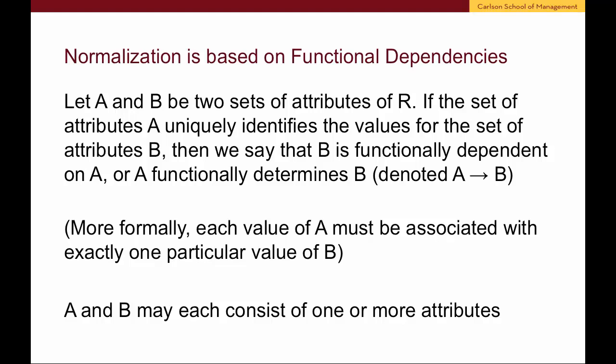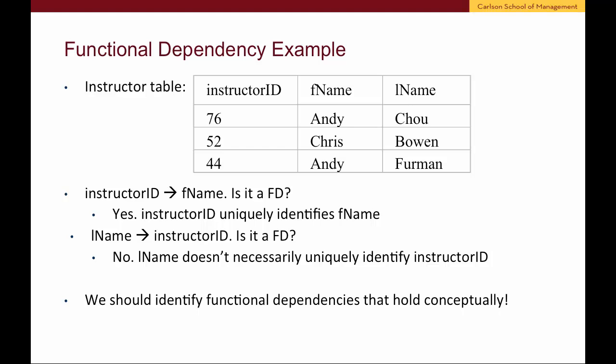Let's take a look at this in terms of some more concrete examples. So here we are back to our trusty instructor table with a list of instructor IDs and names. The first thing we'll check out is instructor ID, does that determine first name? Is it a functional dependency? The answer in this case is yes, because for any given value of instructor ID, we get a unique first name back.